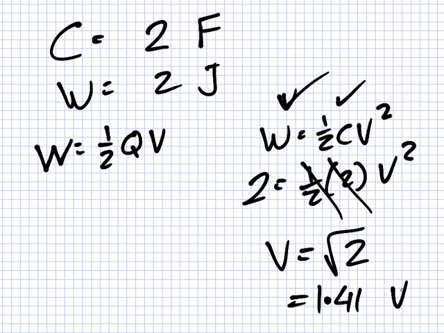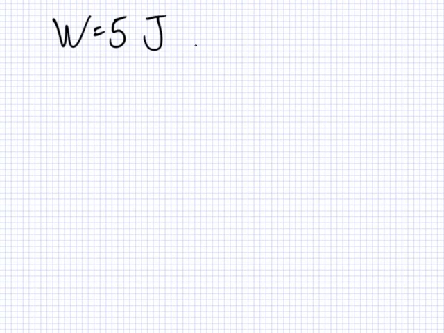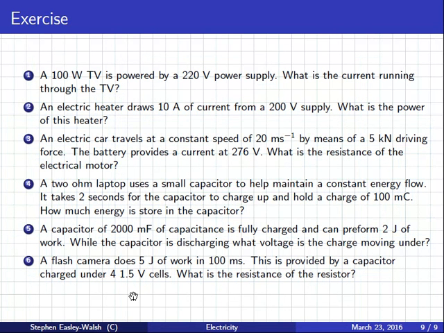Lastly, a flash camera does 5 joules of work in a time of 100 milliseconds. That's 5 tau. This is provided by a capacitor under 4 1.5 volt cells.